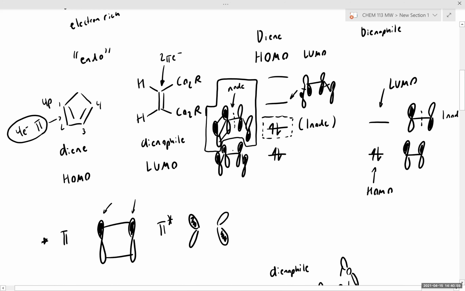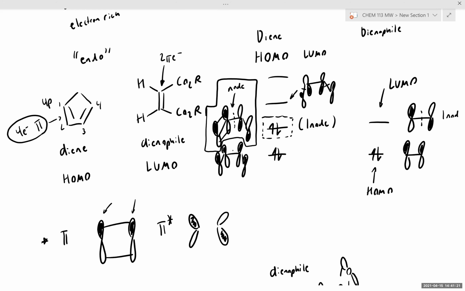So the more nodes we have, the less we're able to have a contiguous region of overlapping, similarly phased orbitals. And as a result, we're less able to effectively distribute our electron density over multiple atoms in that conjugated system.